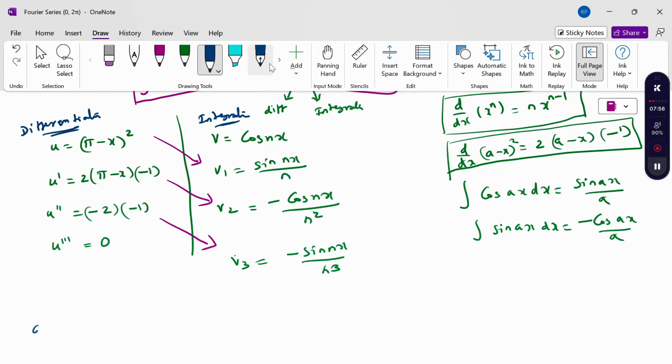Therefore a n is nothing but 1 by pi, the formula u v1.